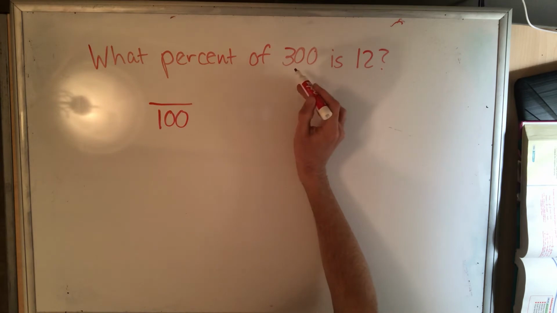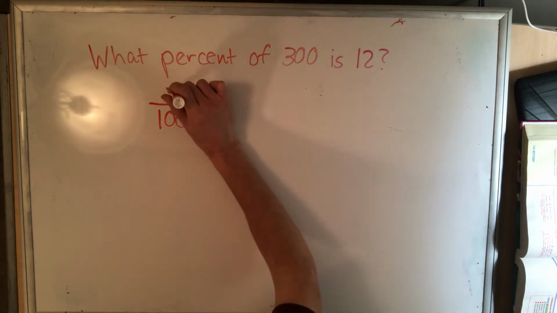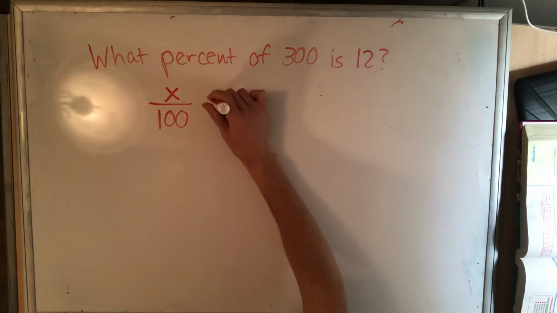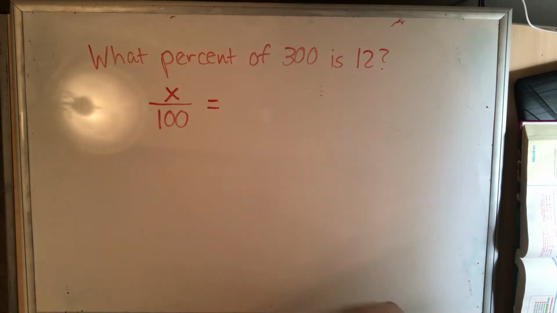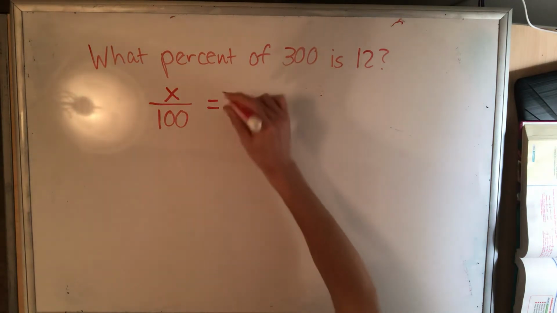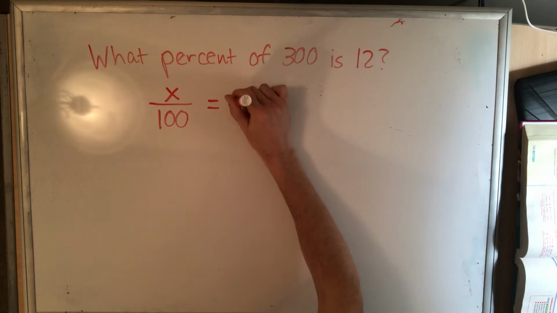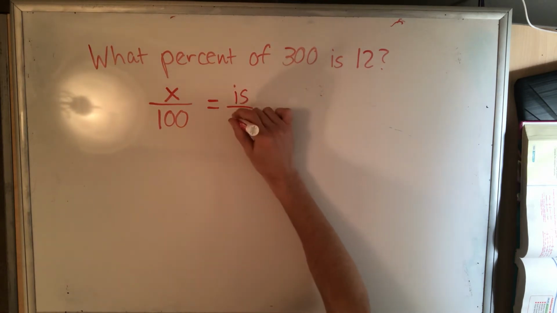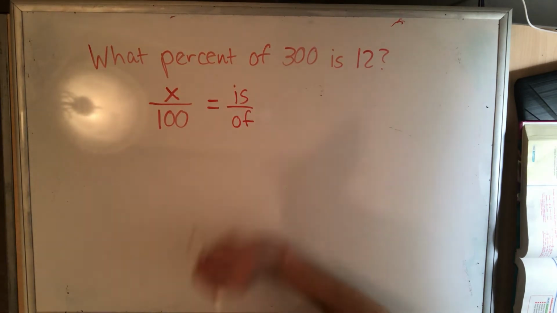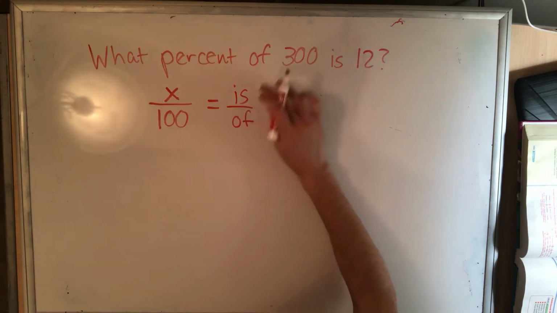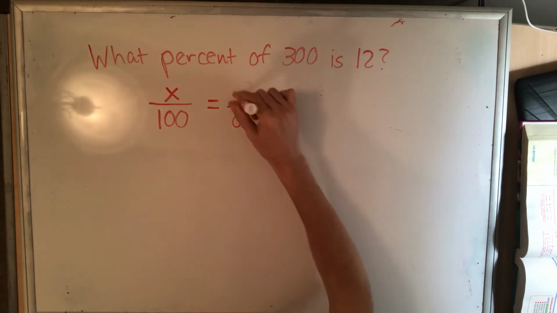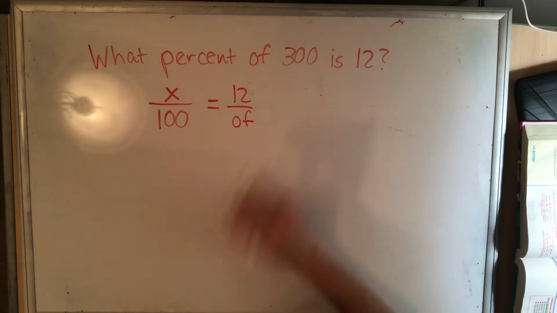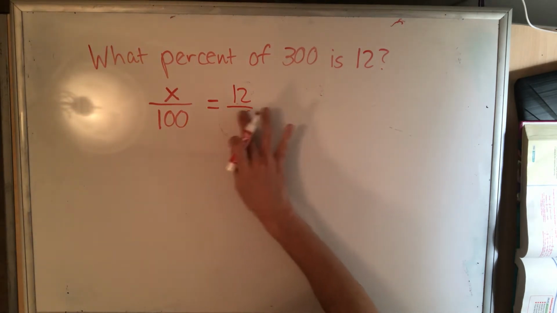We're trying to figure out the percent, so let's use x over 100. And percent is always equal to the is number over the of number. So the is number in this case is 12. The of number in this case is 300.